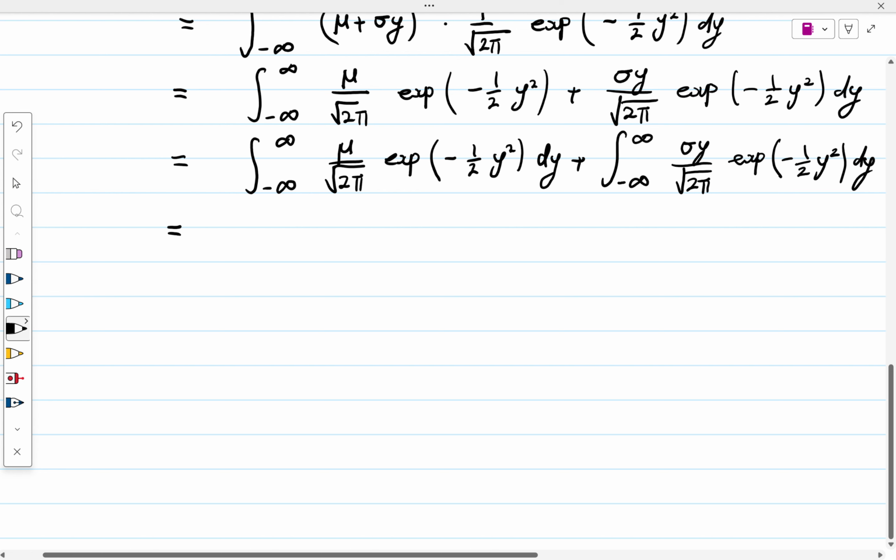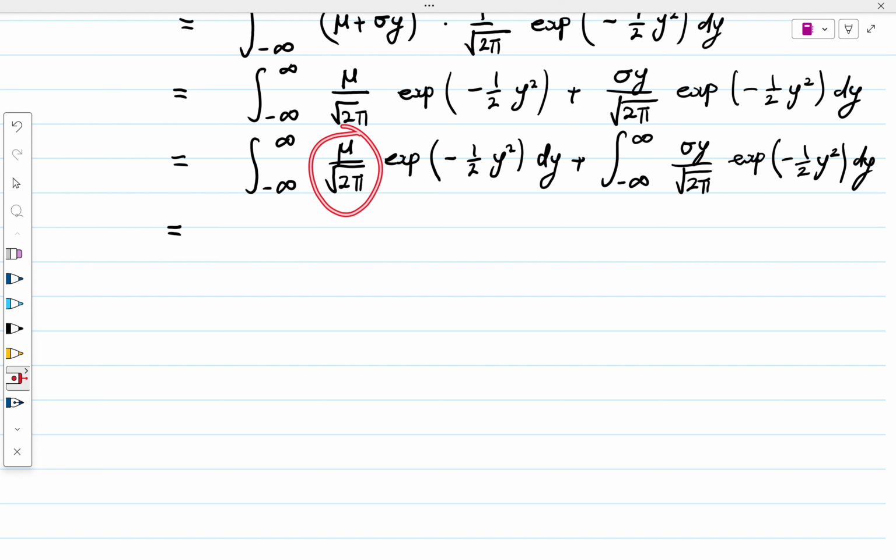Then, for the first part here, I will acknowledge that this mu on square root 2 pi is independent of what we're integrating with respect to, so I can actually take that out as a constant.